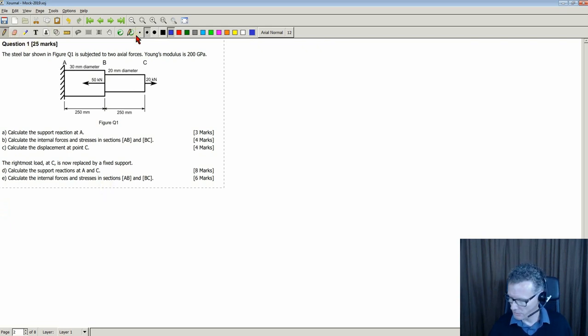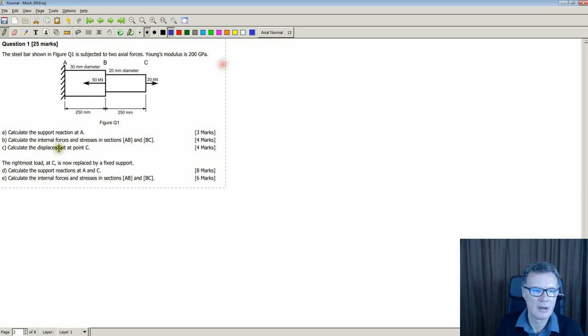So look at the question here, and it says the rightmost load at C is now replaced with a fixed support. So this thing goes, and we just have a fixed support there. Okay, so I misread the question, so I'll update this.